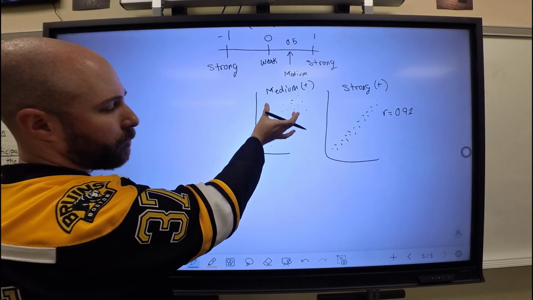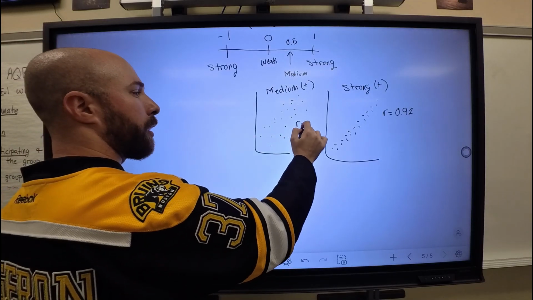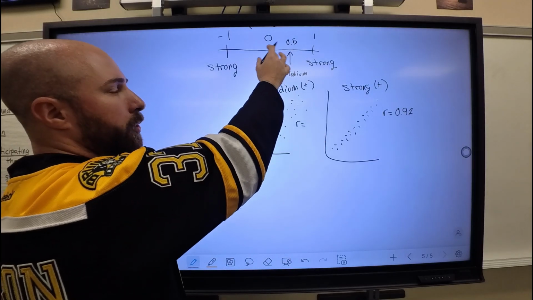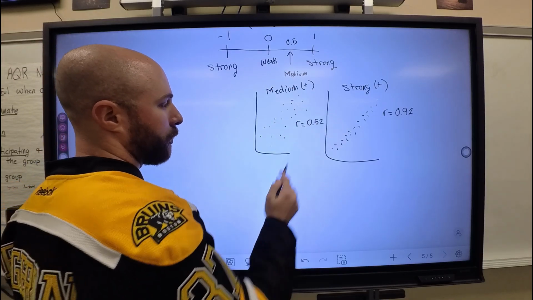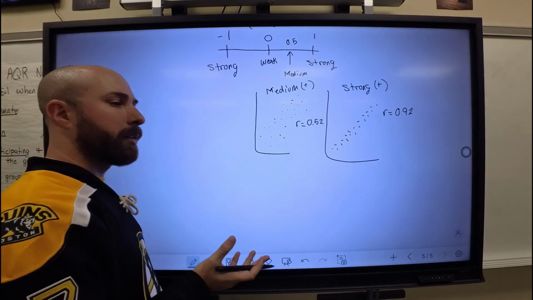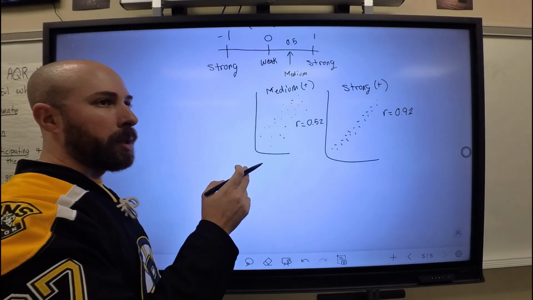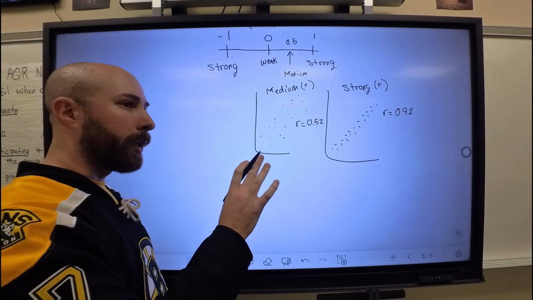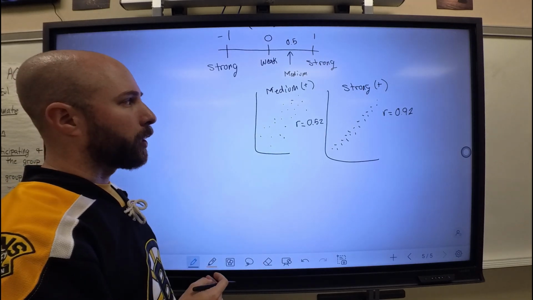This data is much more spread out from where the line of best fit would be. And we can use an R value that's somewhere in the middle between 0 and 1. So we're going to go with like 0.52. My general rule of thumb is that medium would be anything from like 0.3 to 0.7, or like 0.35 to 0.7, somewhere in there.